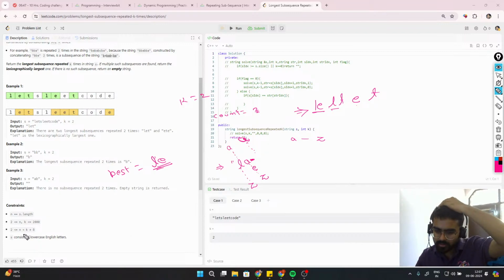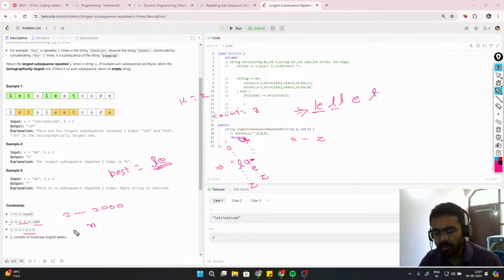Now this insight is really insane: the relation between N and K. N and K range from 2 to 2000. N can be greater than or equal to 2. This is our N and K range.